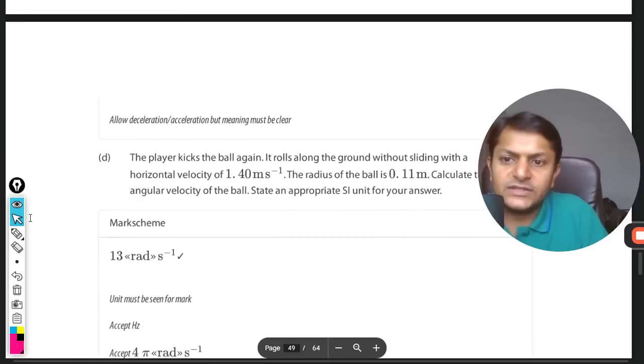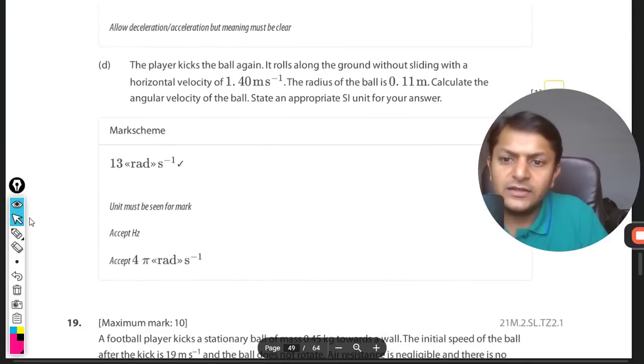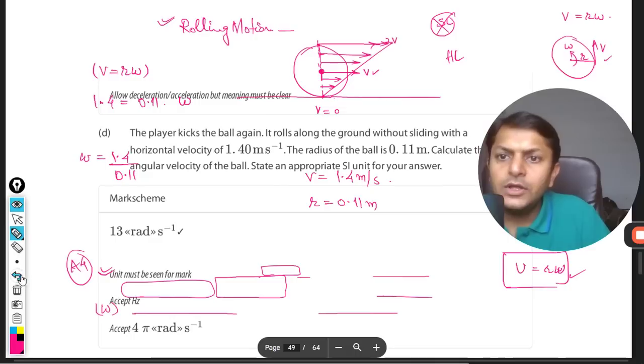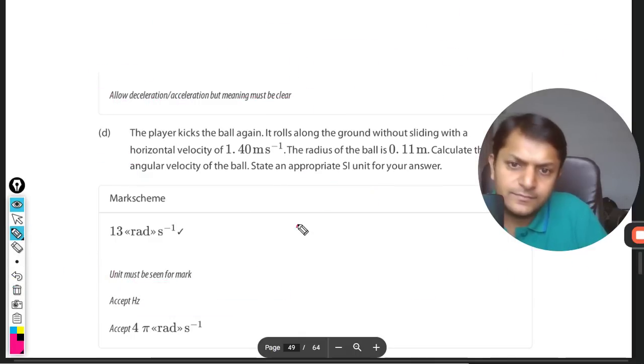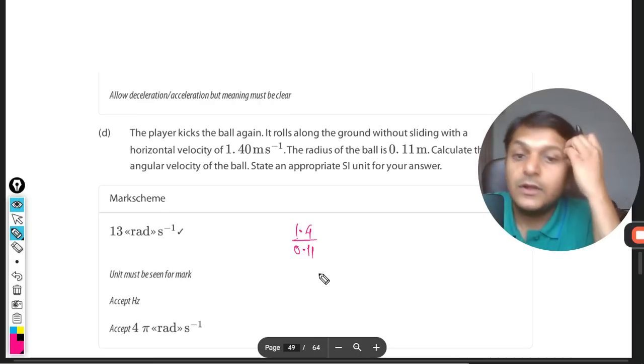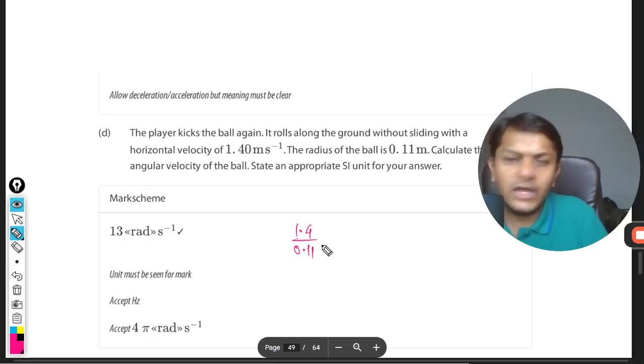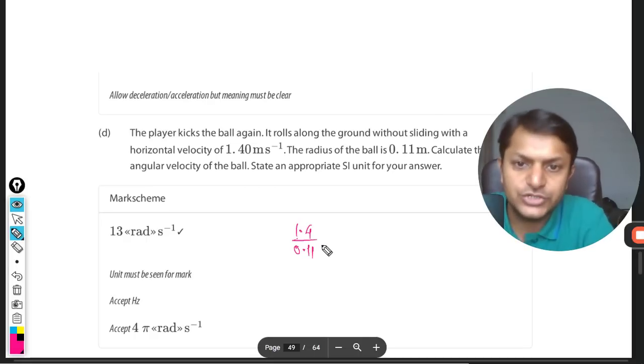Let's see what they have done. Okay, they have not written anything, so our answer was 1.4 divided by 0.11. v is equal to r omega. Yeah, this should be the case. Yes, of course.